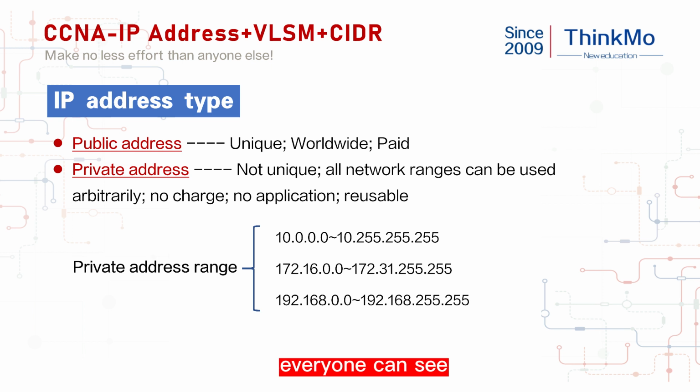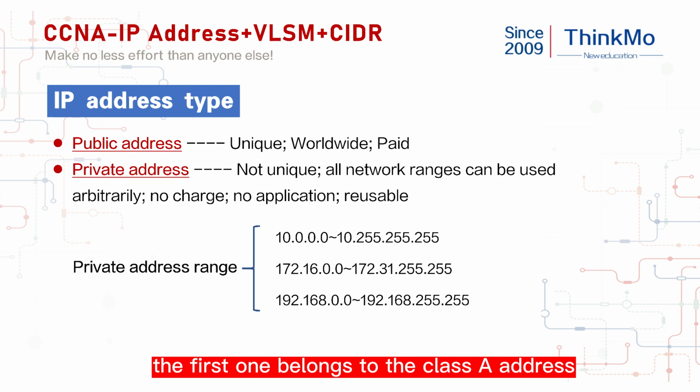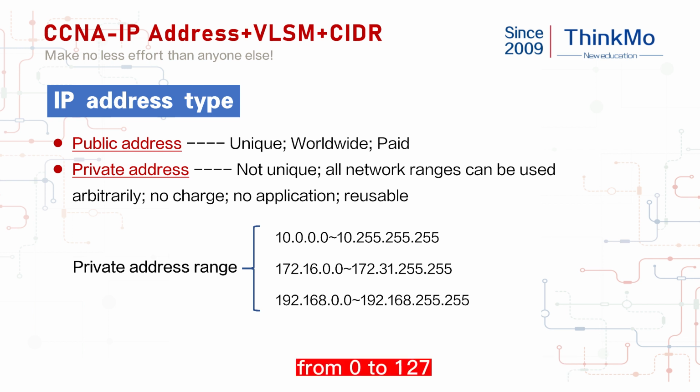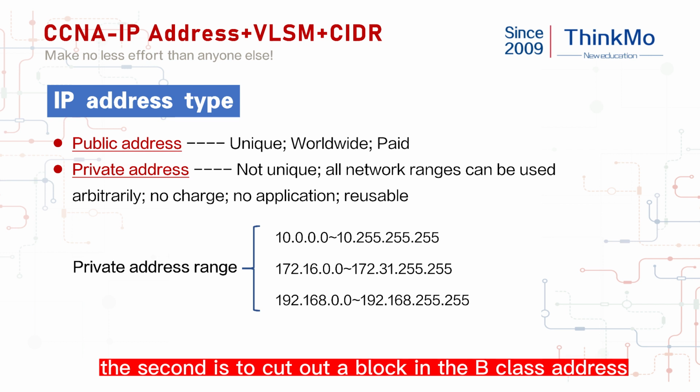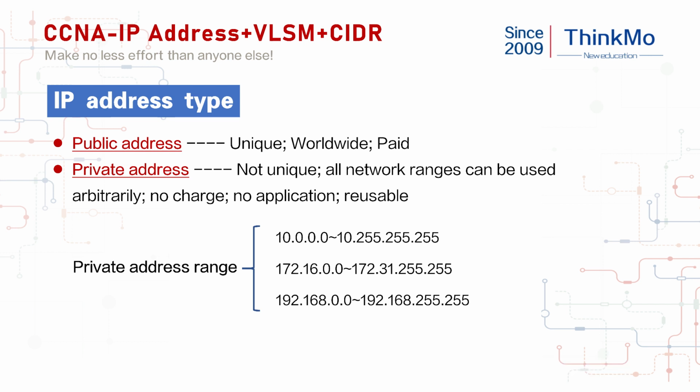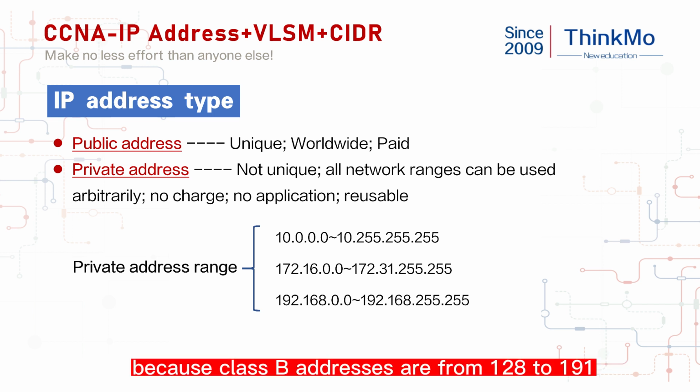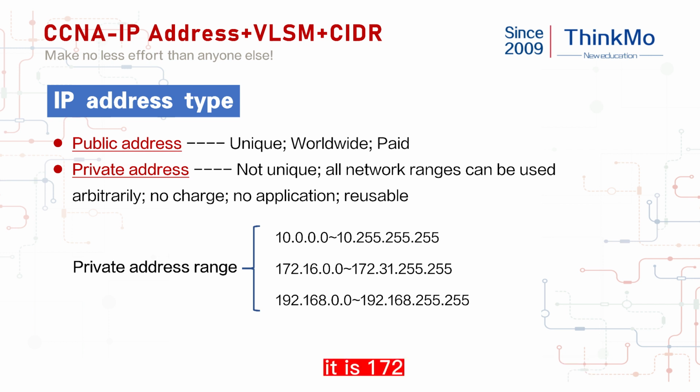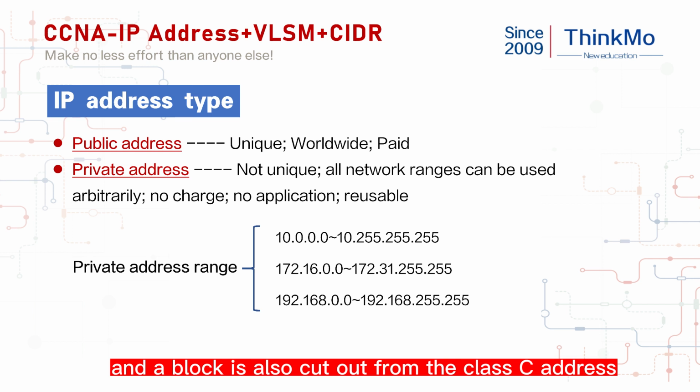First of all, the first one belongs to the Class A address, from 0 to 127. The second is a block cut out of the Class B addresses, because Class B addresses are from 128 to 191, and it is 172. And a block is also cut out from the Class C address.